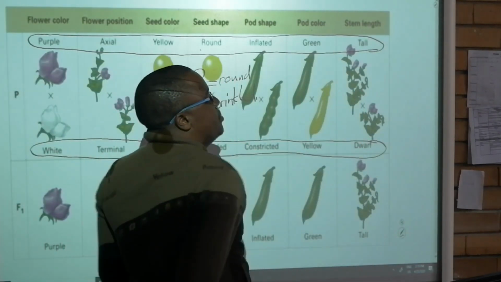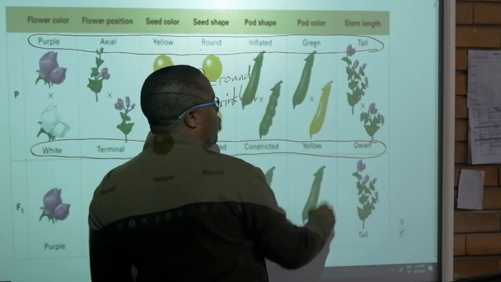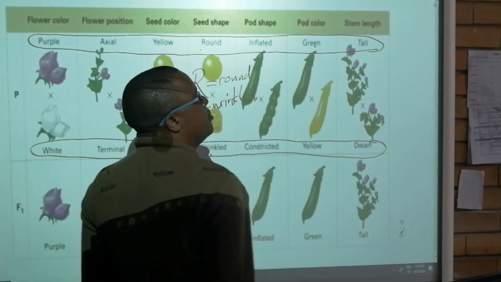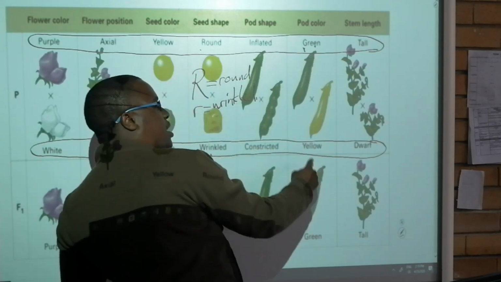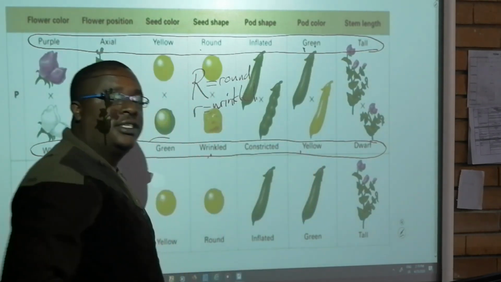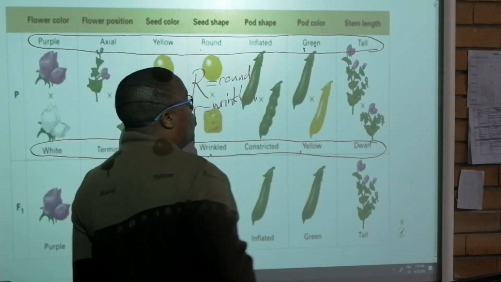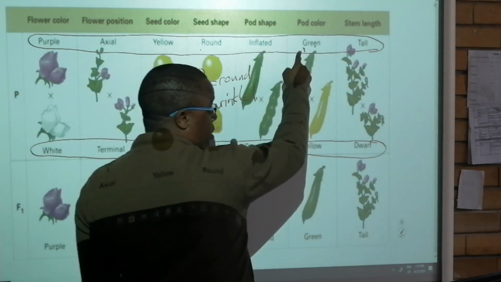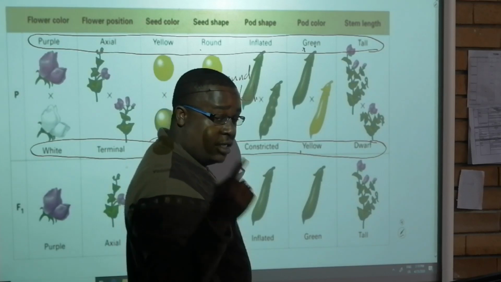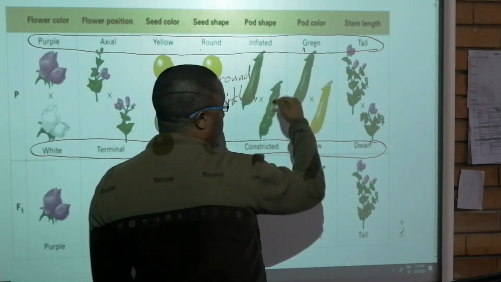Pod color. Green is dominant over yellow. Because green is dominant and yellow is the recessive one, when writing the genotype we take the first letter of the dominant trait, which is green.